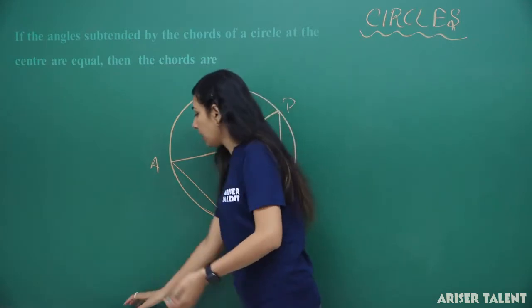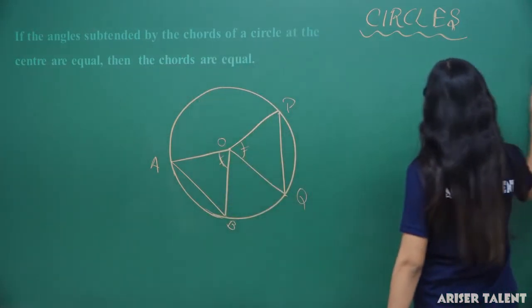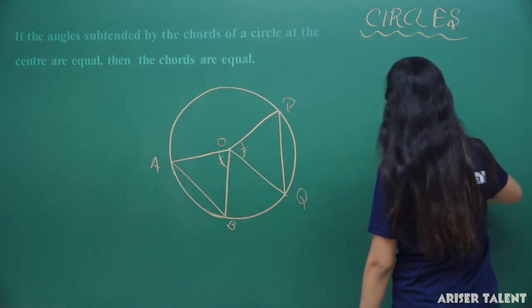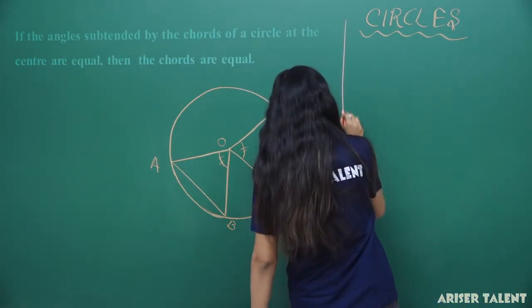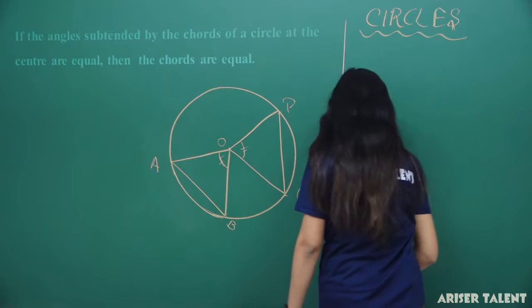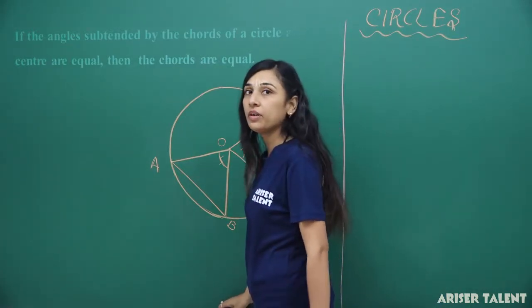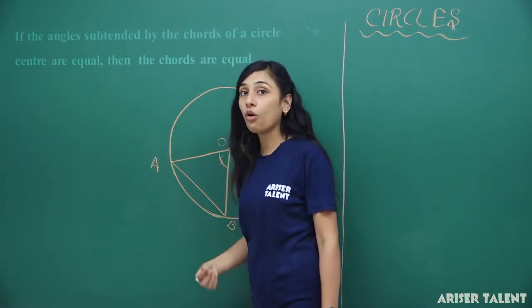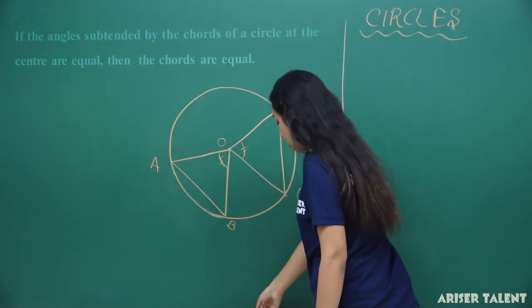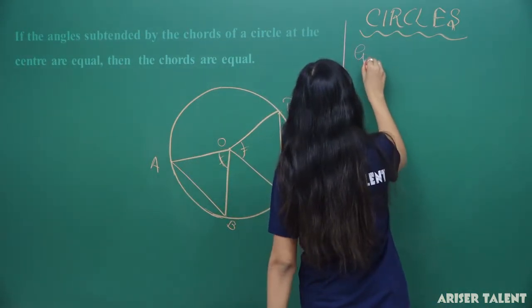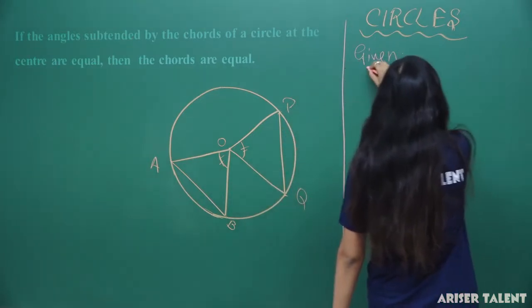Now it's asking us to prove something. So let's find out how to prove this. First, how do we start these theorem questions? How do we prove a theorem? What are the steps? Step 1, we have to write what is given to us, guys. So we will write the given things first.